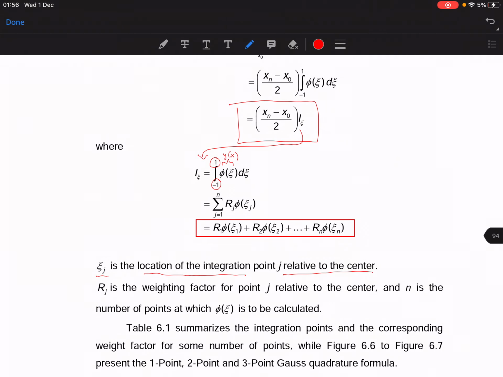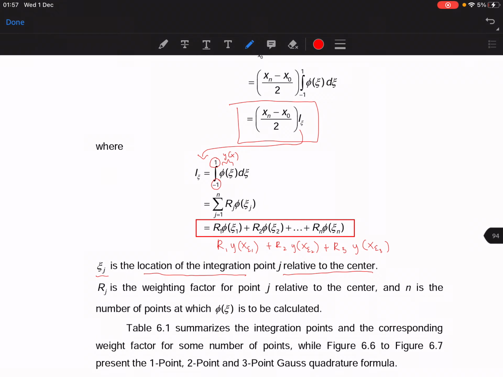So in the end, we will get R1 phi zeta 1, or I can write it as R1 y of x zeta 1 plus R2 y of x zeta 2 plus, if we cover until 3-point Gauss quadrature, in the end it will become R3 y of x zeta 3.